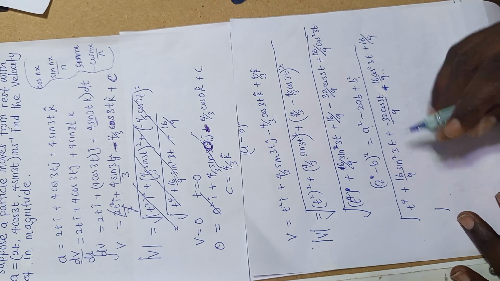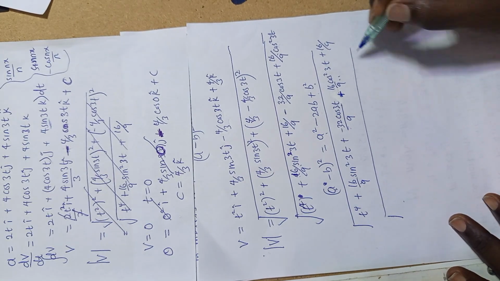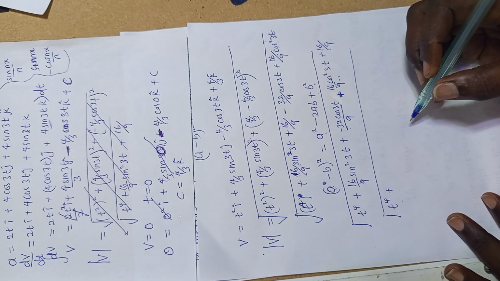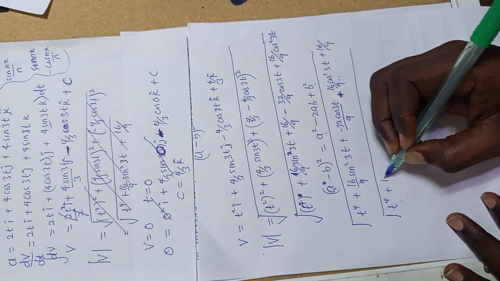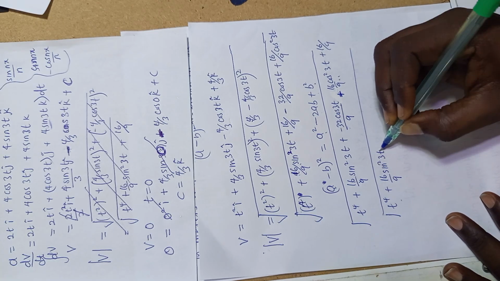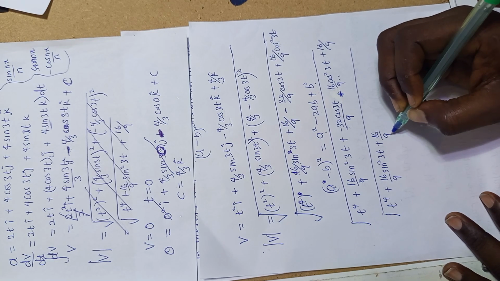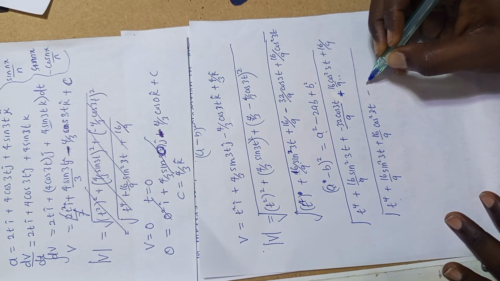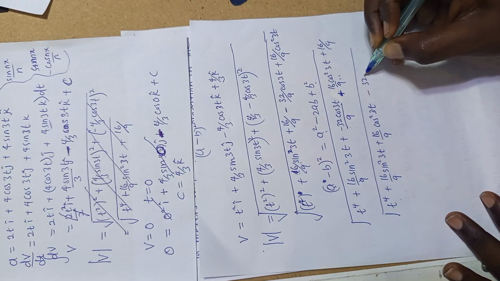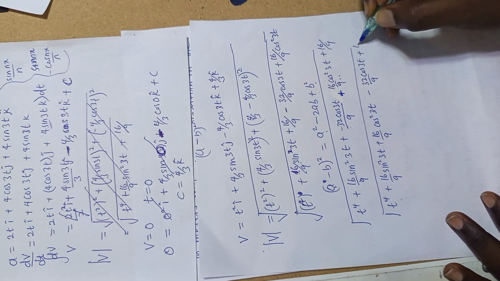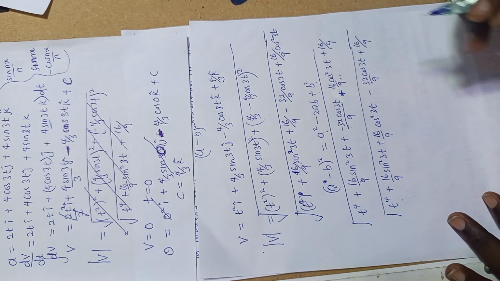We are going to have t to the power 4 plus 16 over 9 sine square 3t plus 16 over 9 cos square 3t minus 32 cos 3t over 9 plus 16 over 9.